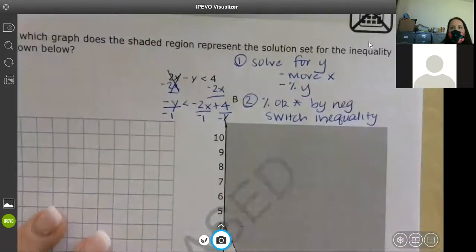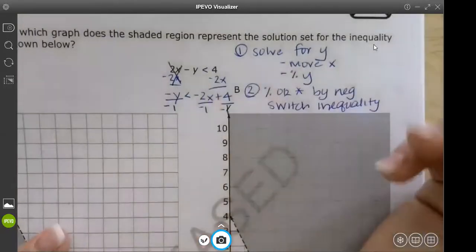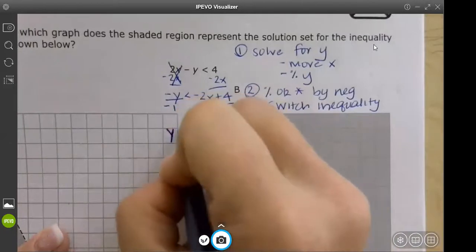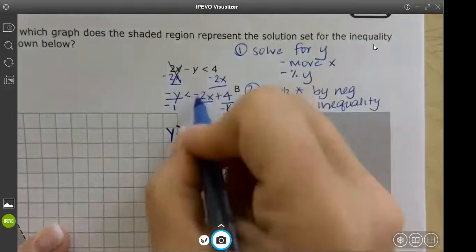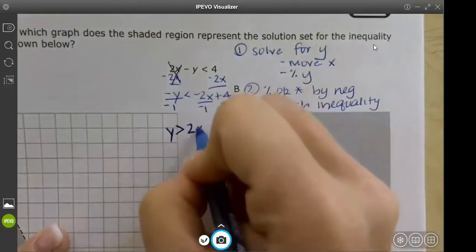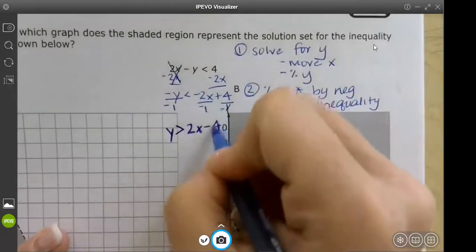I'm going to minimize this so we don't have to look at it. So now our equation is y. This time it's greater than, because we had to switch it. -2 divided by -1 is +2x. And then 4 divided by -1 is -4.